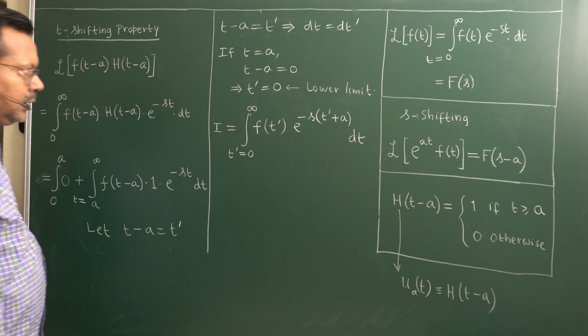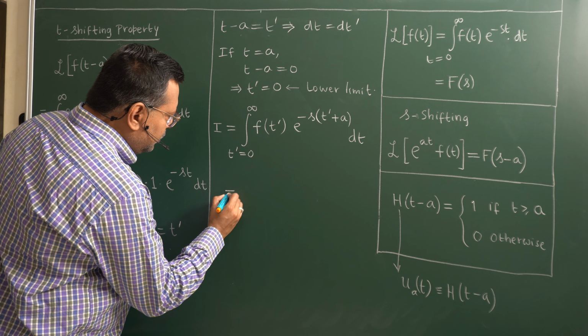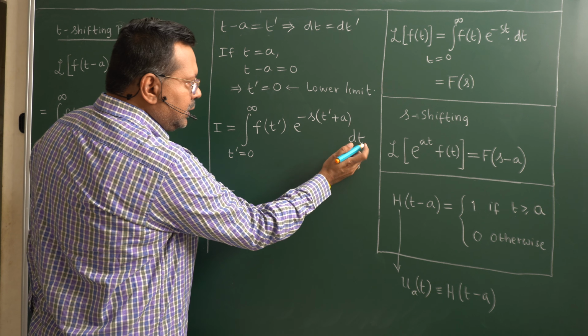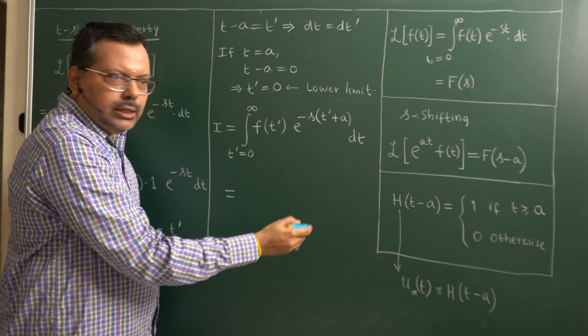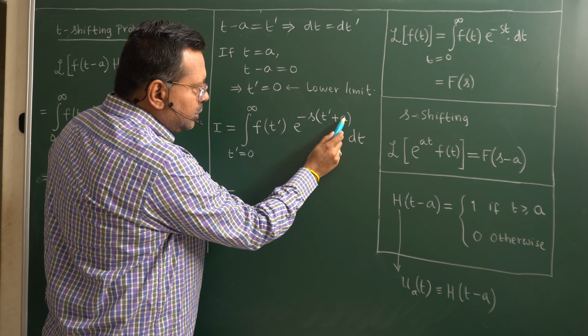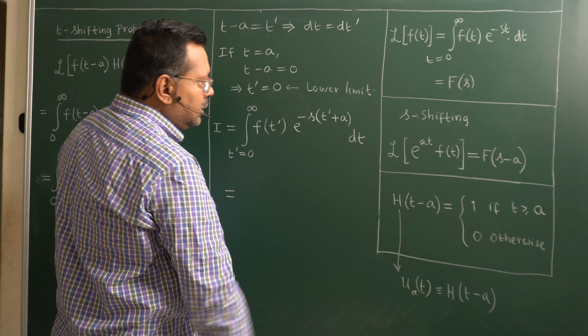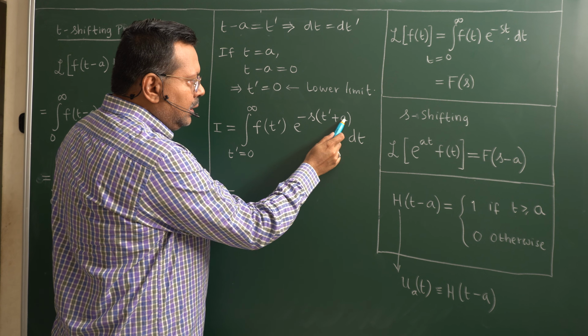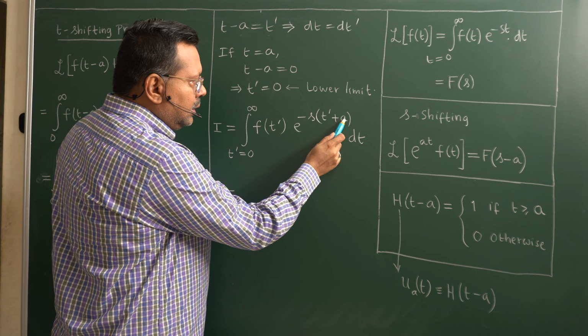Now you can see this is an integration with respect to t, and this a is a constant, independent of t. The s into a is a quantity which remains unaffected by the integral, so we can take it out.